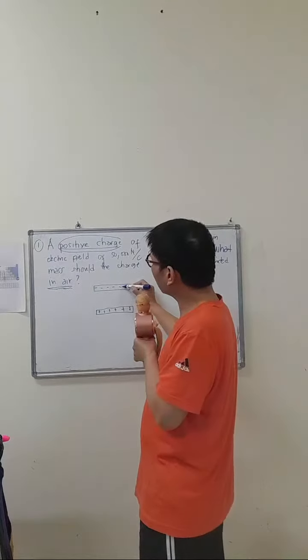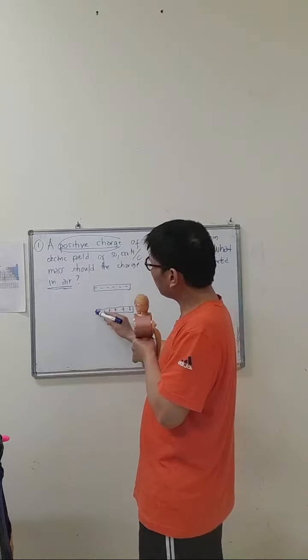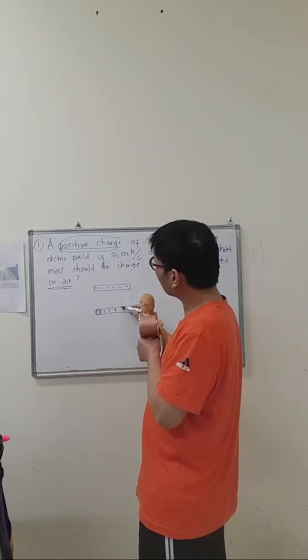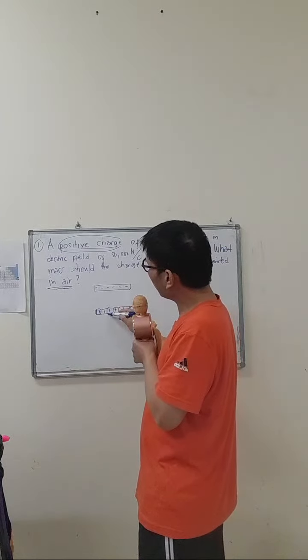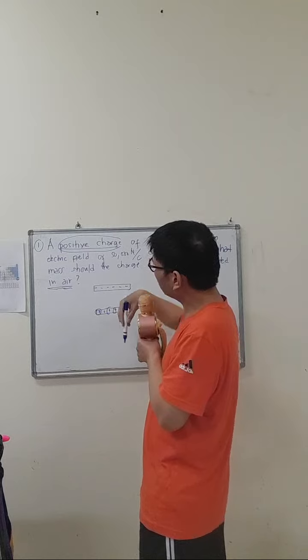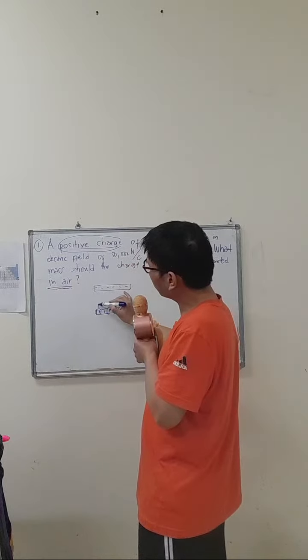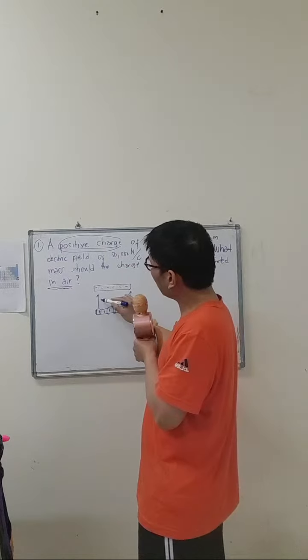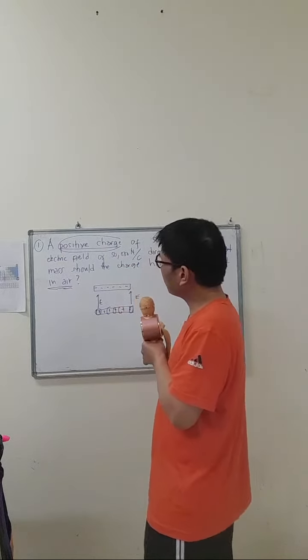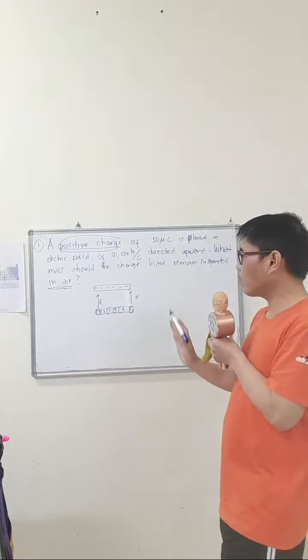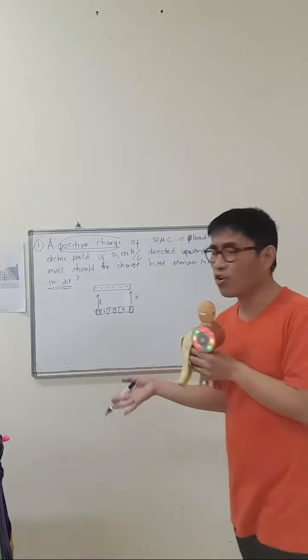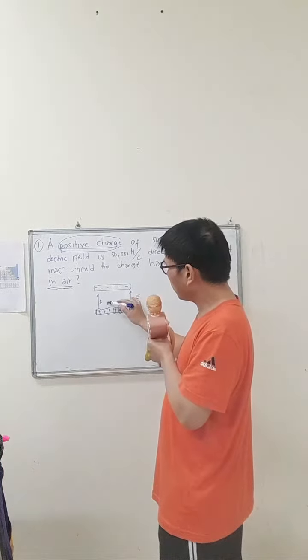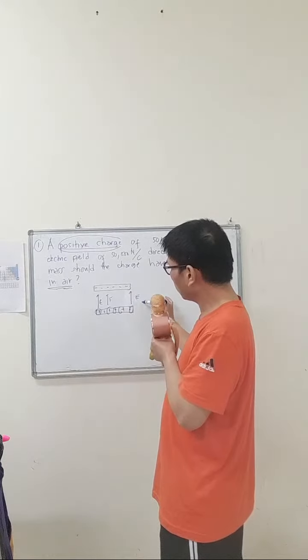Okay, like that. So if we have a positive here, your electric field will be directed away, like this. This is your electric field. And if it is a positive charge, your force will also go in the same direction. So your force will be going there.